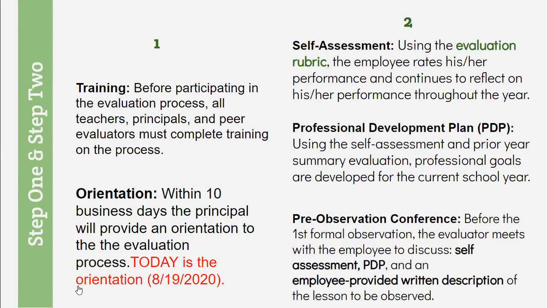The first lesson, the first observation will be announced for all staff members. Your evaluator will email you a date for the pre-conference meeting with accompanying documents such as a pre-conference questionnaire. And this conference will prepare you for the observation and allow you to ask and receive any other information that you need to prepare you for your observation.